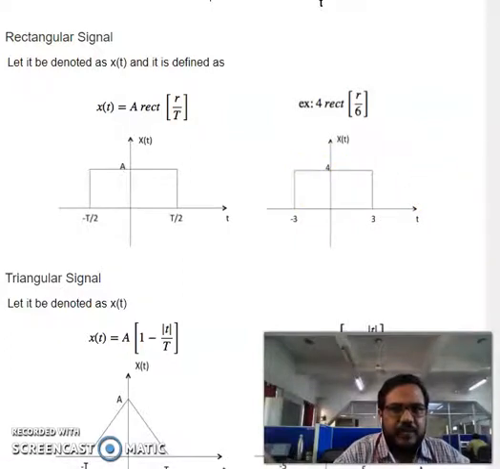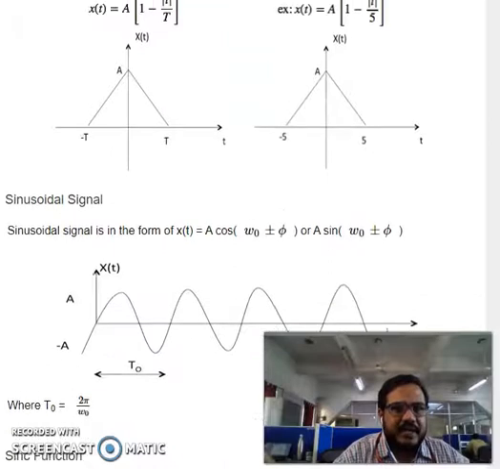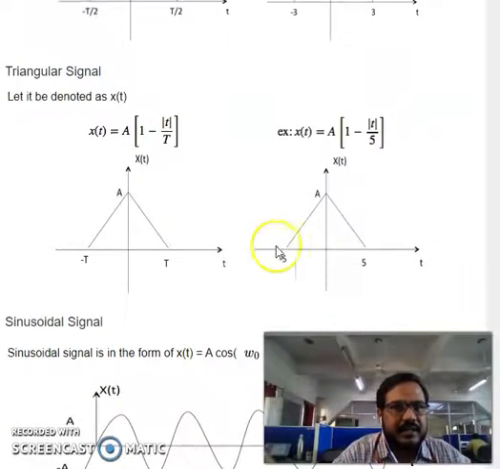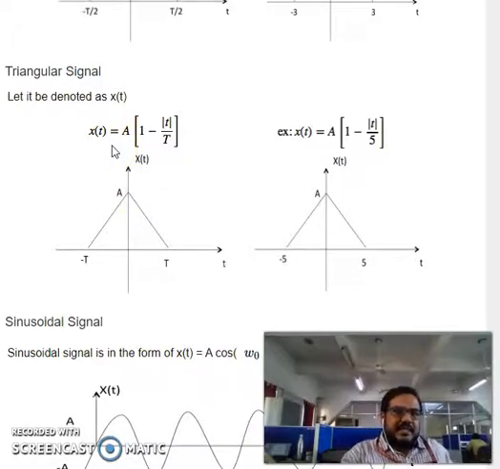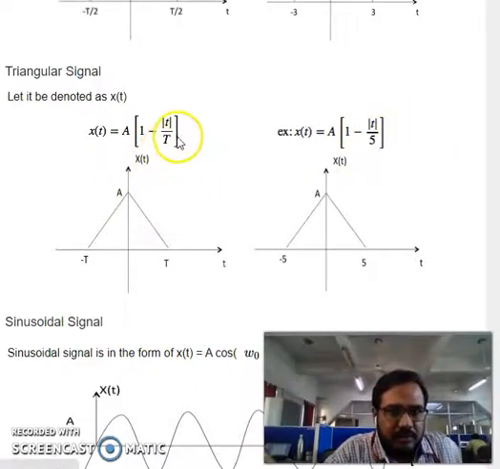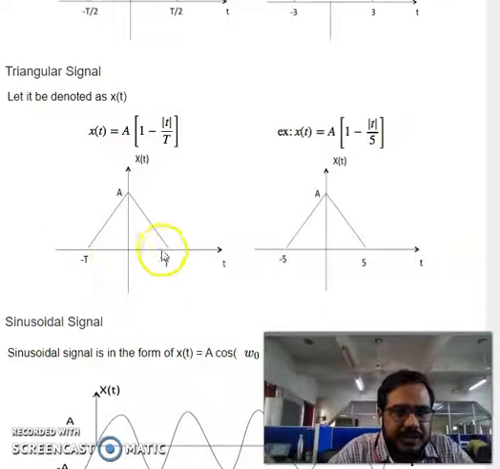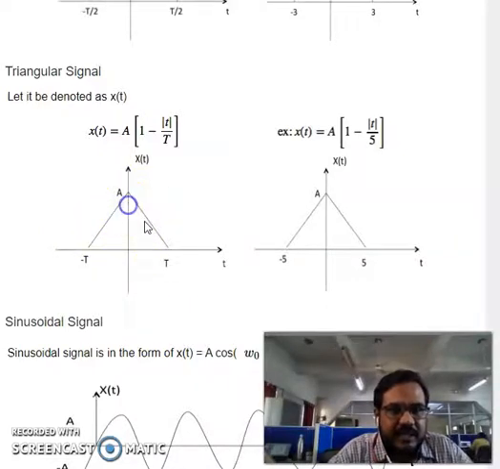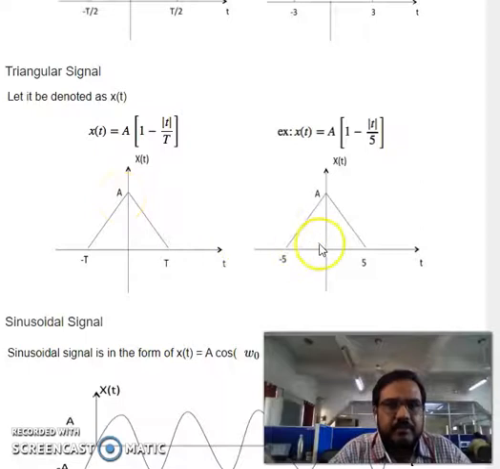Similarly, you have a triangular signal. What is triangular signal? Mathematically it is defined as x of t is equal to a times 1 minus mod t by T, from minus T to T duration, and the peak is a.